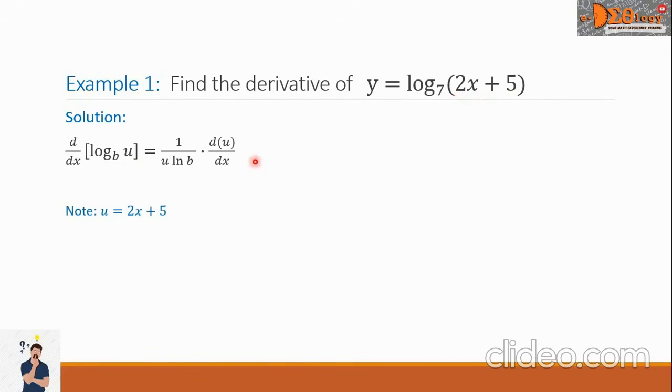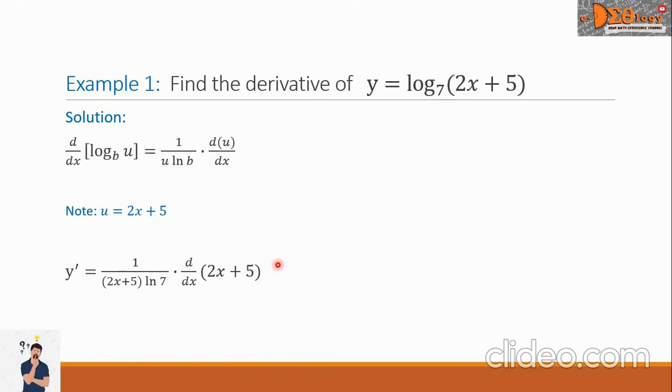Using this formula, we will now write y prime, that is the derivative, is equal to 1 all over the function 2x plus 5, that is the u, times ln of 7. 7 here is the b. Then times d over dx of the function 2x plus 5.